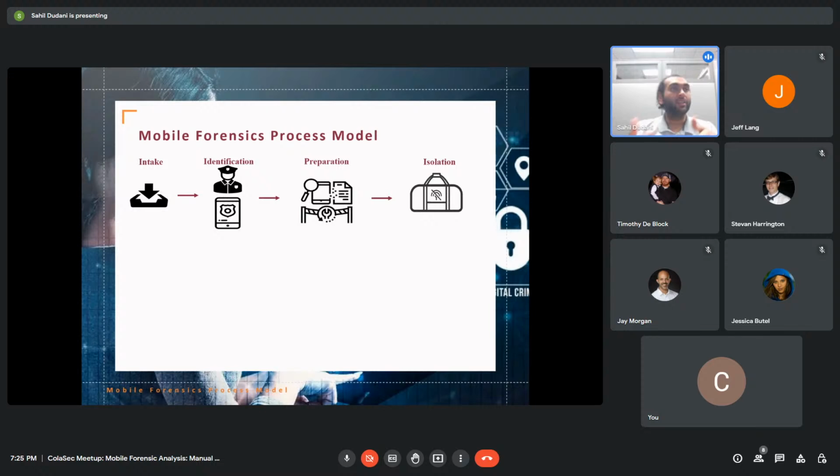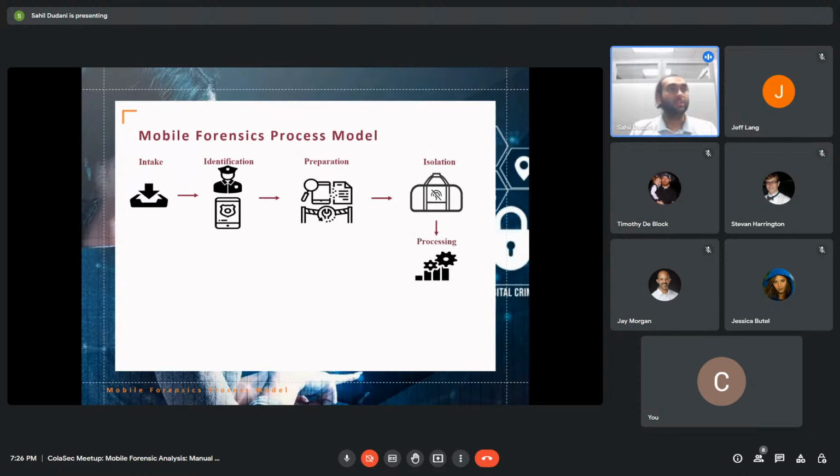Once the device is handed off, it might already be in a Faraday bag, or you might want to put it in a Faraday bag if it's not already. And whatever state it is in, hot or cold, switched on, switched off, or whatever, you just keep it that way, and then we'll move forward accordingly.